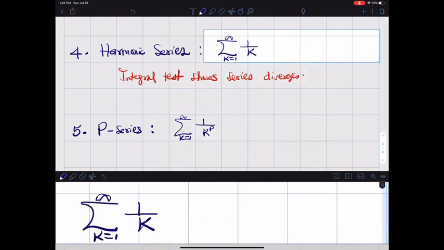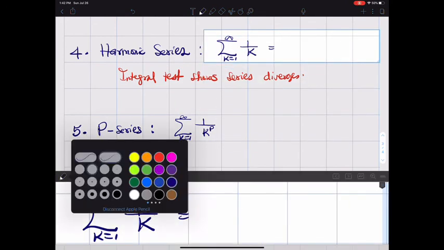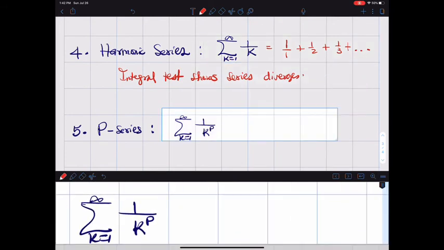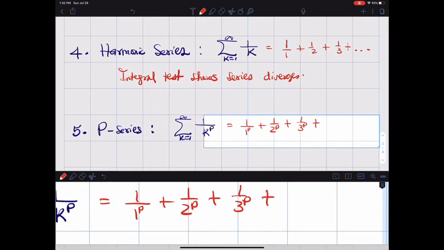So the harmonic series is 1 over 1 plus 1 over 2 plus 1 over 3 plus 1 over 4 and so forth. The P series is 1 over 1 to the power of p plus 1 over 2 to the power of p plus 1 over 3 to the power of p and so forth.